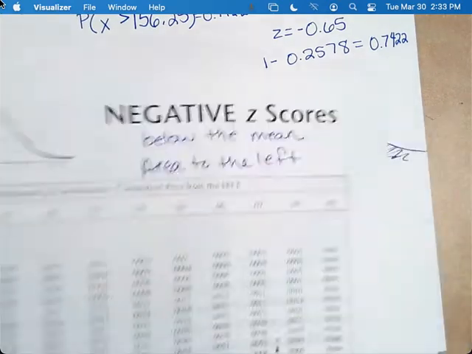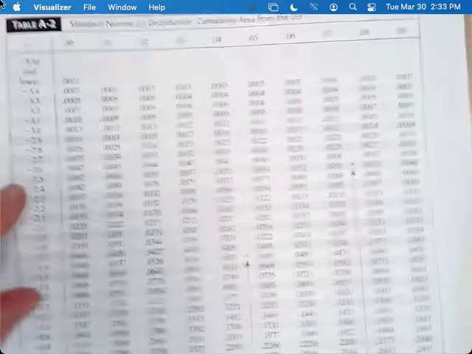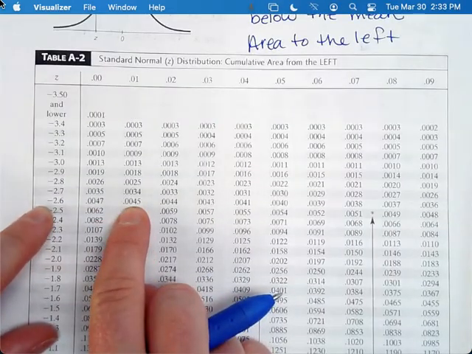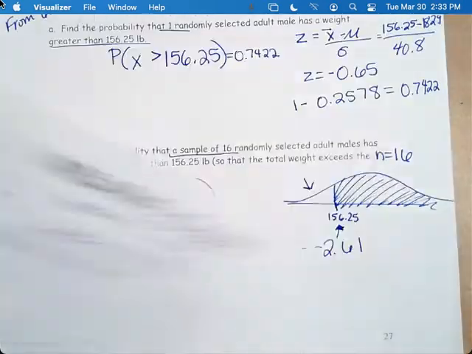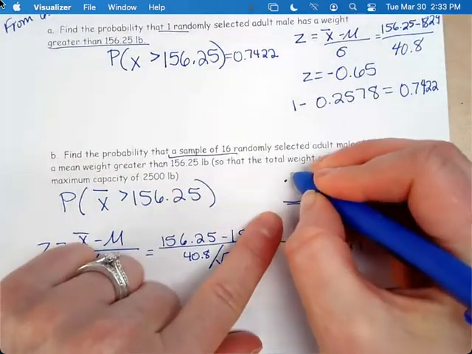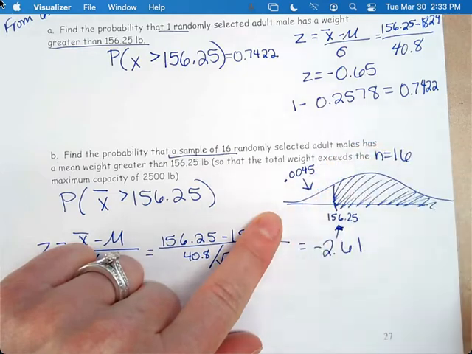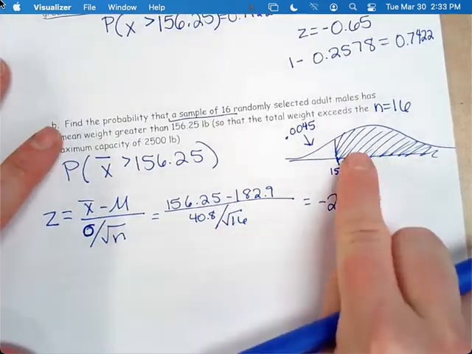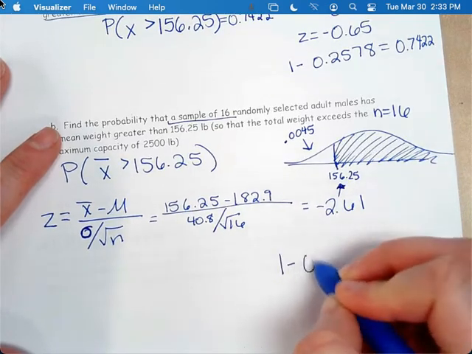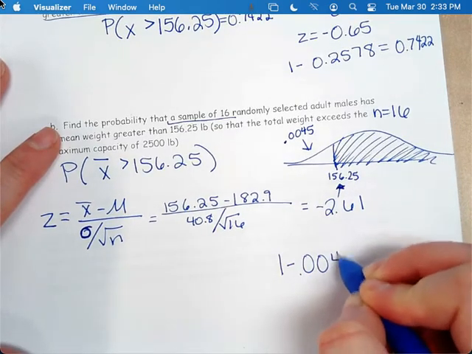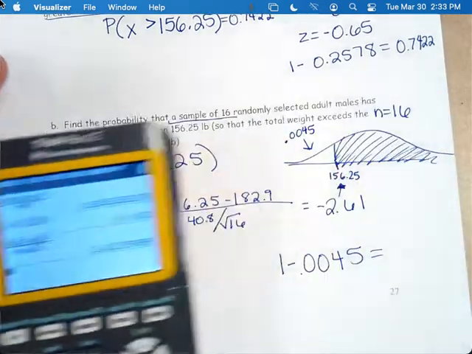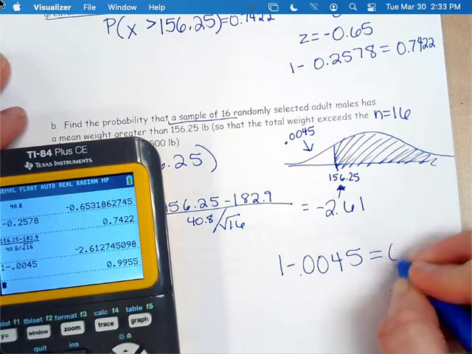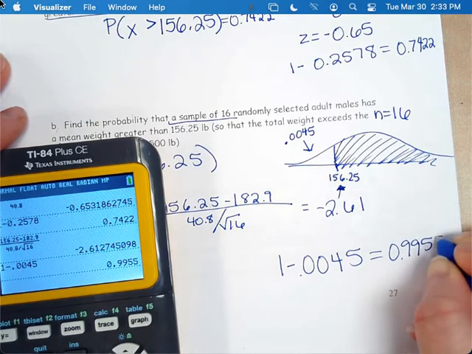So it's again a negative z-score, so negative 2.61, 0.0045. So this area right here is 0.0045. So to find the area to the right, I would subtract that from 1. 0.9955.